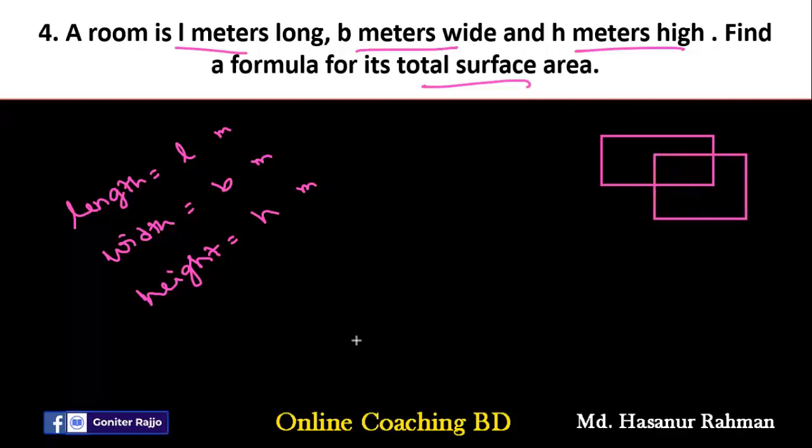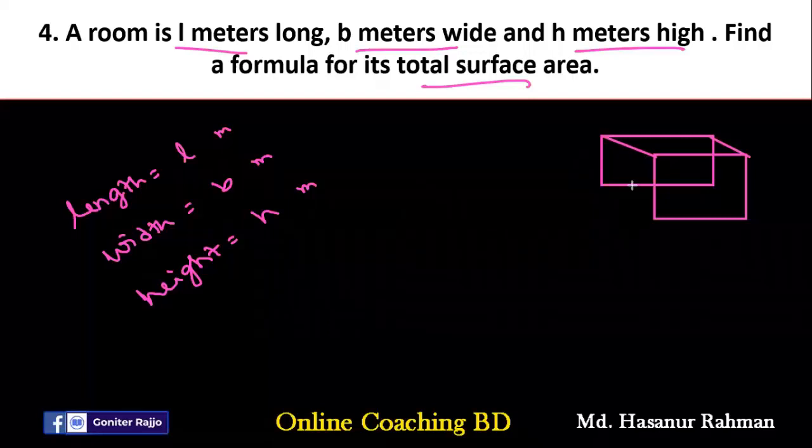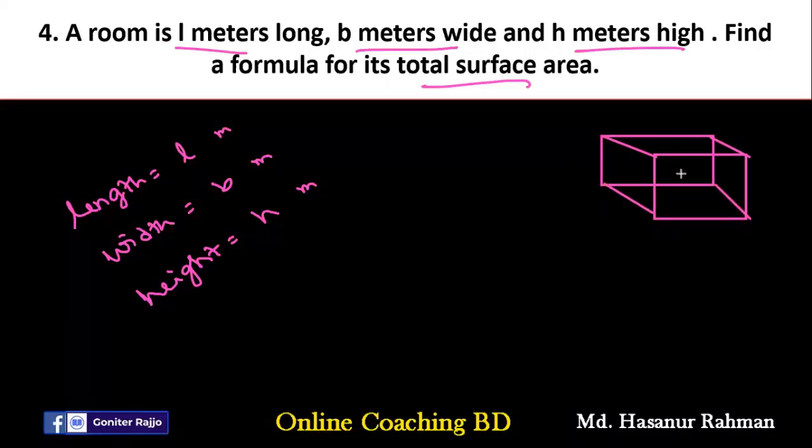Suppose this is a cube. And in this cube, there is a length, breadth, and height. If you look at this properly, then you will see that there are total 6 surfaces. Suppose this part is the front part, this part is the back part, front, back.